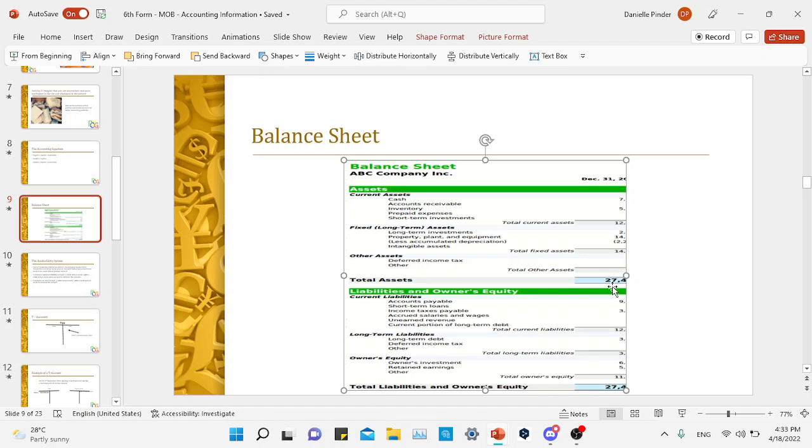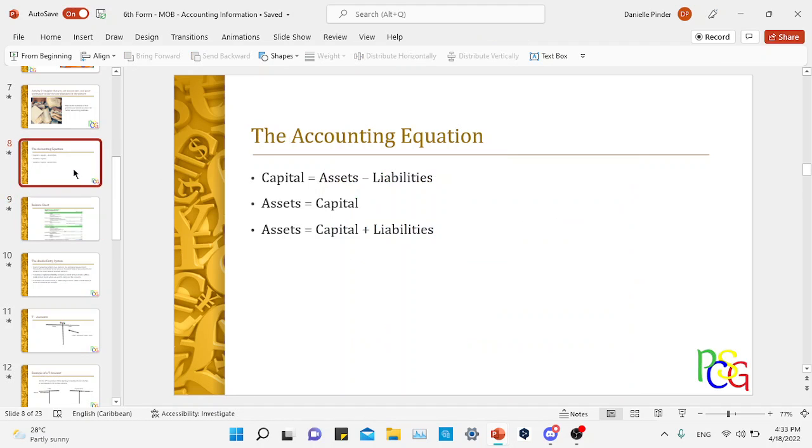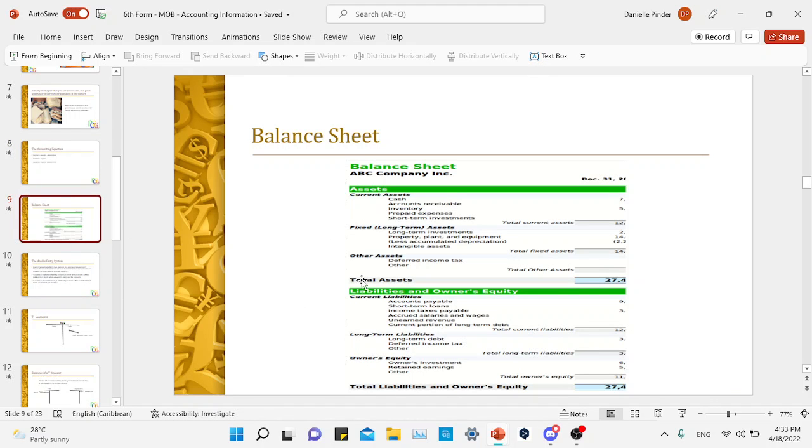As we said, the assets would equal the capital plus the liabilities. So we can see exactly how, when we add our liabilities and our owner's equity, which is still capital, by the way, we get the same amount as the total assets.